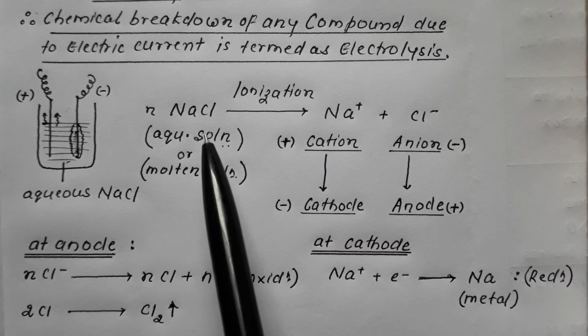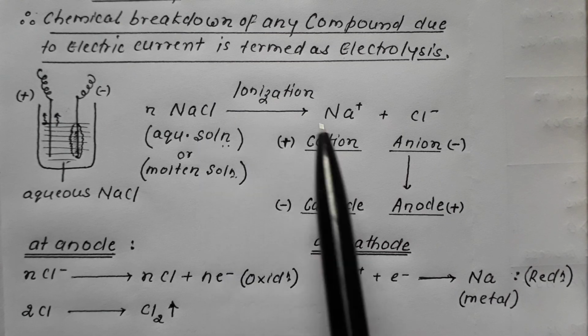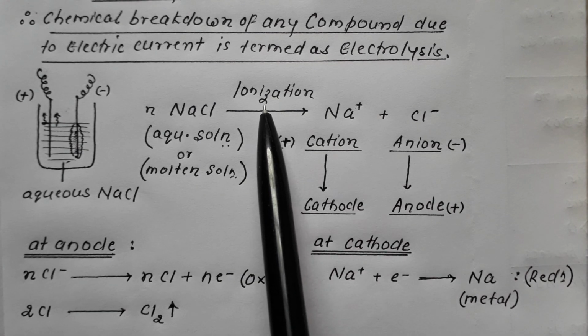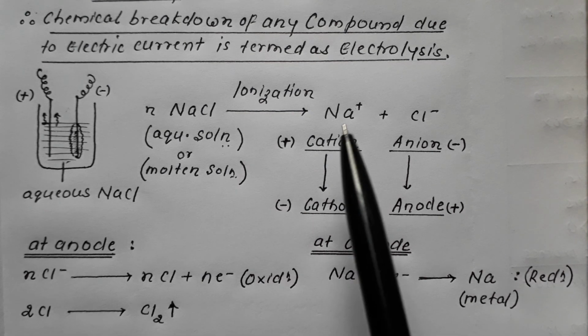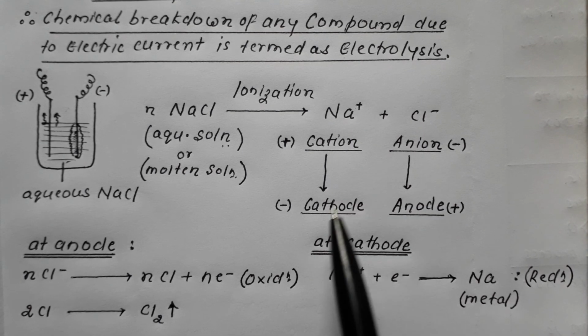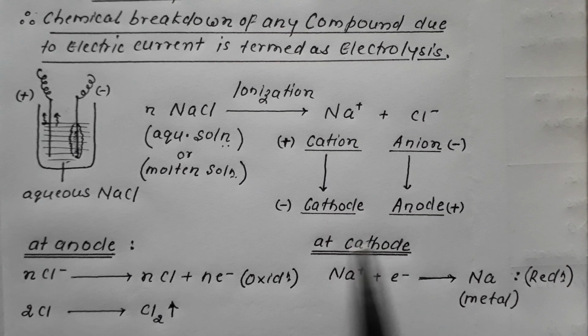Conversion of any substance into ions is ionization, independent of the electric current. But movement of these ions, cation and anion, toward their respective electrodes and undergoing chemical change is electrolysis.